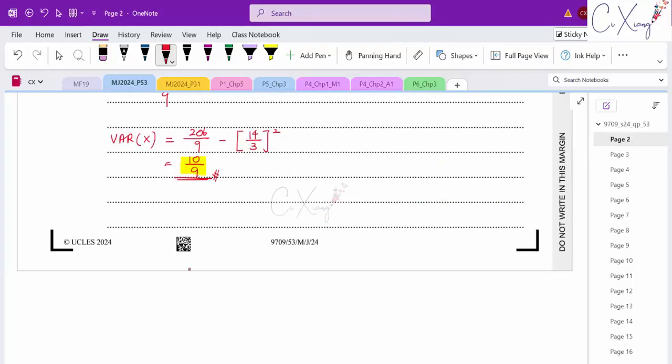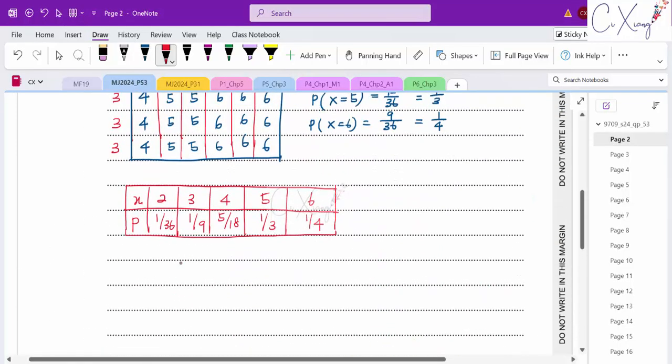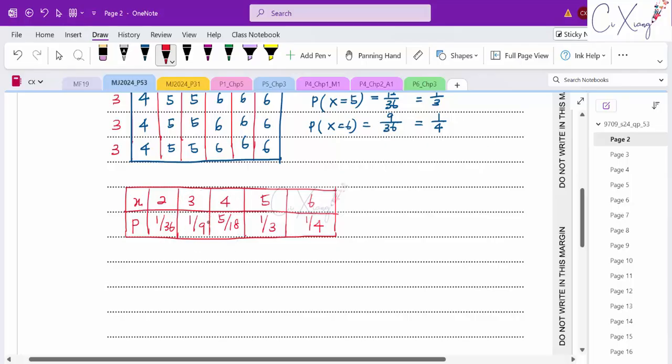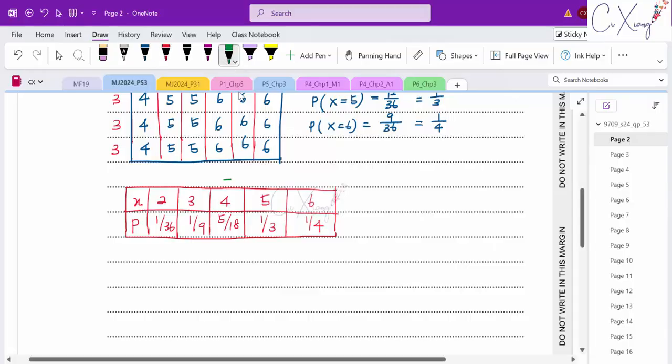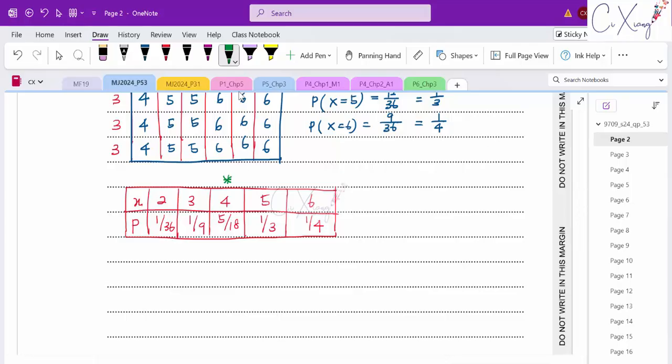Then we need to go back to our probability distribution table. So x even and x greater than 3 happen at the same time. That means this is the one when x is equal to 4. This 4 is greater than 3 and at the same time is even.